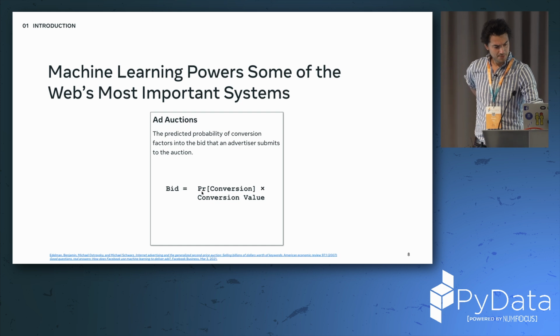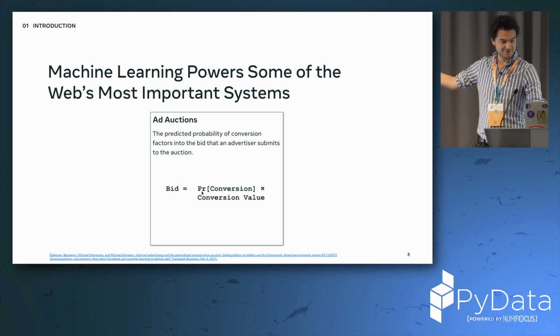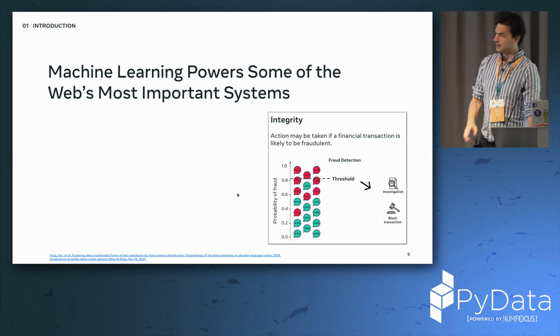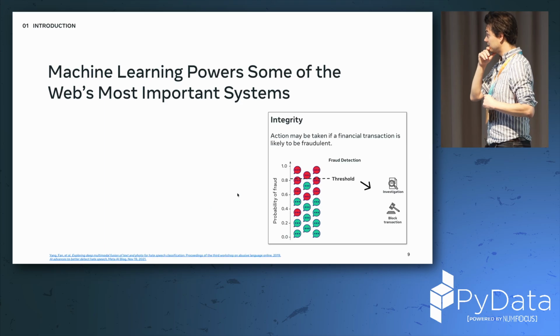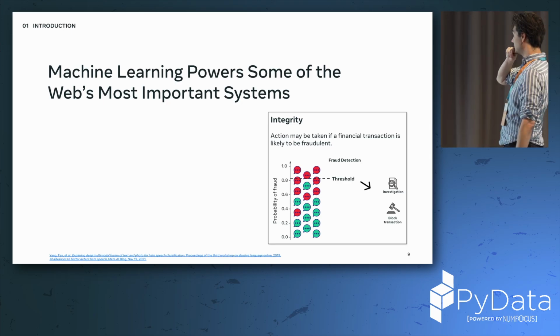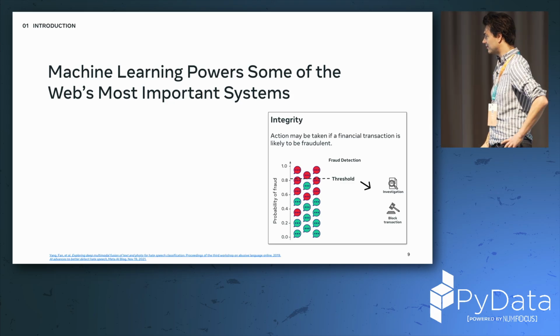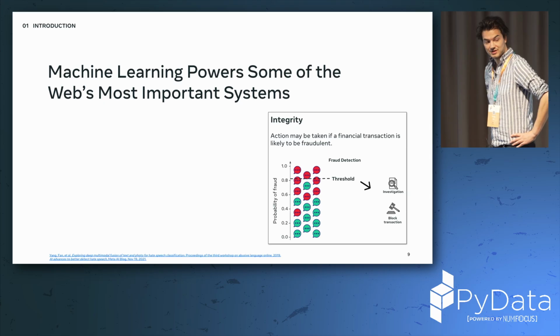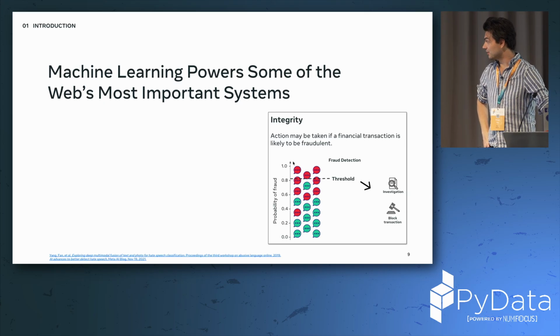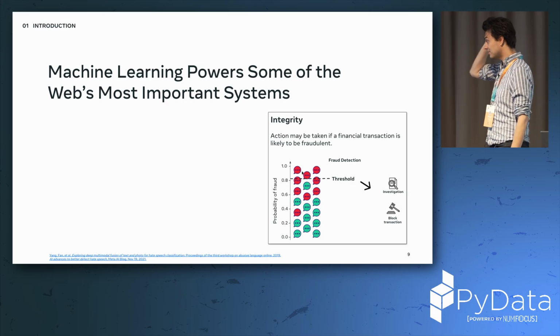So this is another system where ML models obviously play a big role. Then we have another big category of machine learning applications in integrity. You may have, for example, transactions, and some of them could potentially be fraudulent or not. You don't really know, but you try to estimate that for all of them.